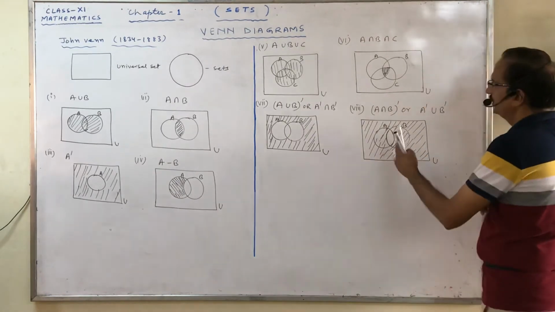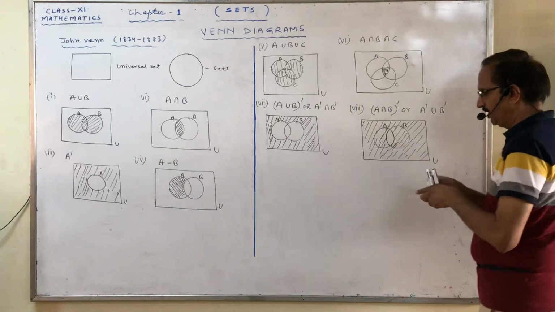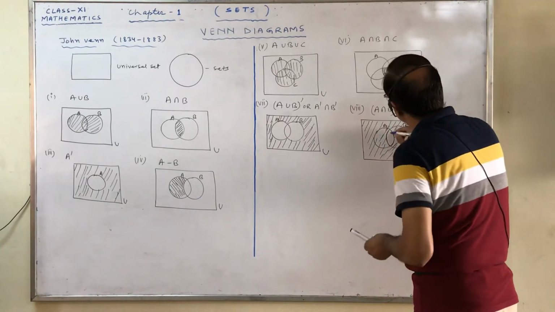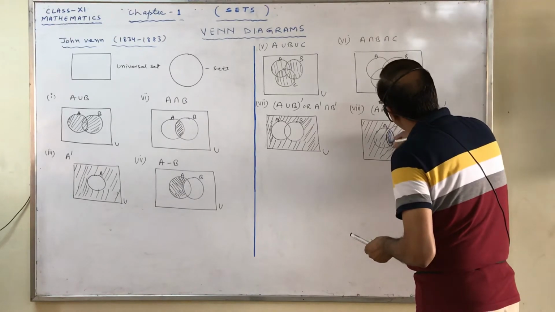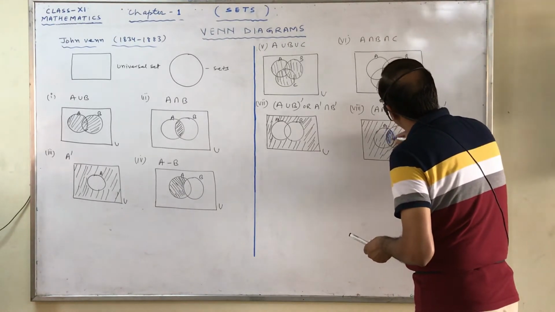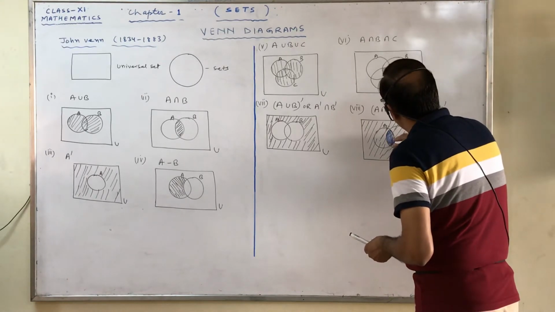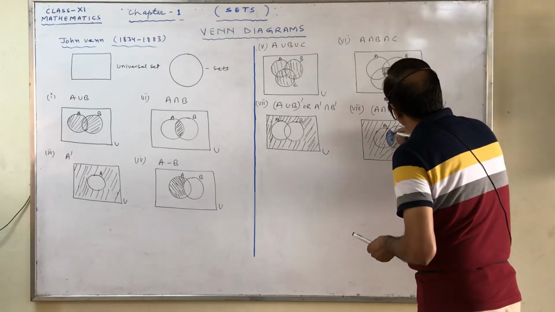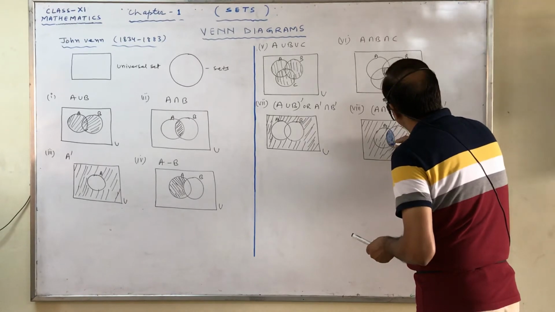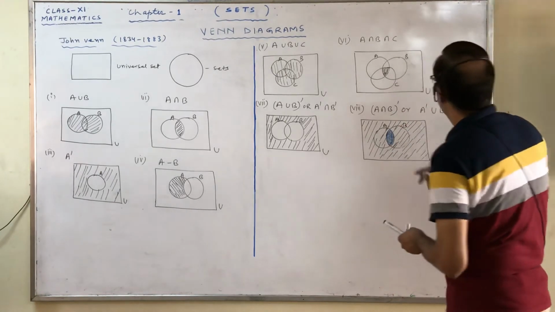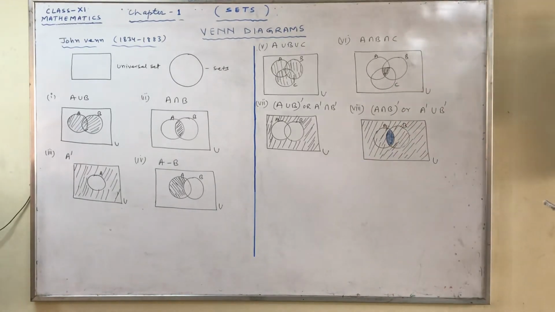Except this blue portion, the remaining area represents A intersection B dash, or you can say A dash union B dash.